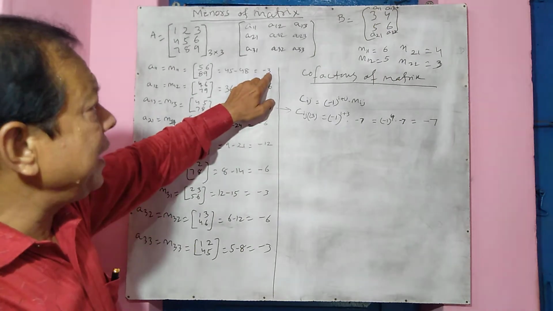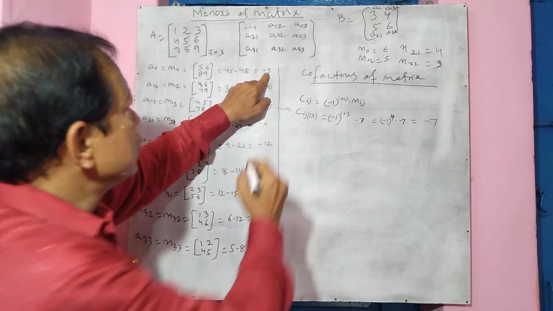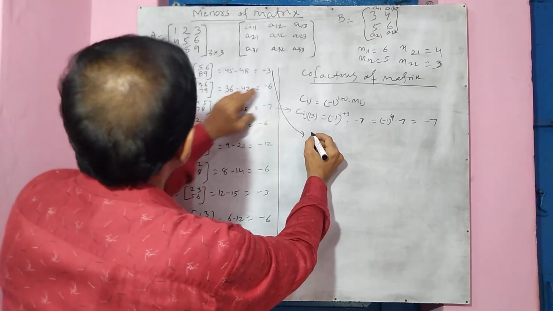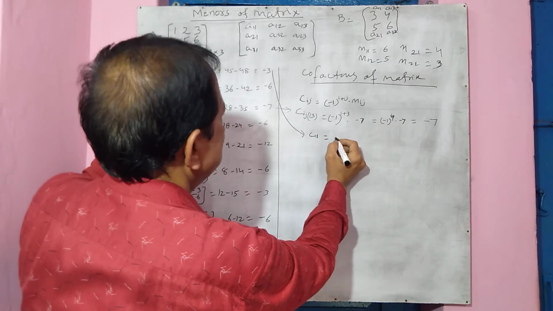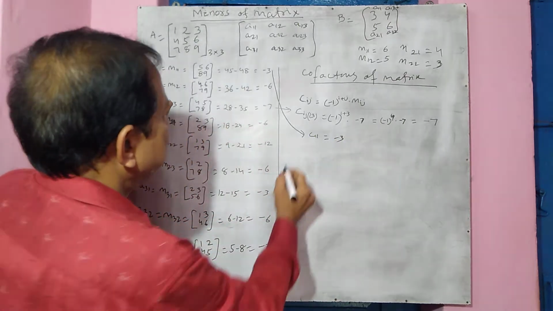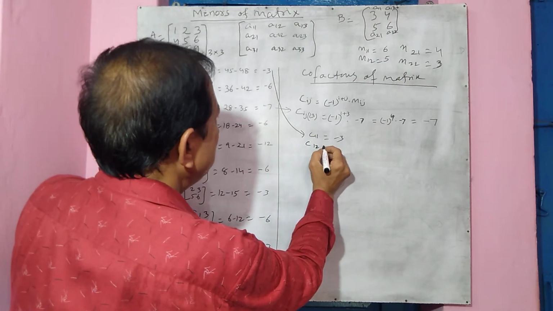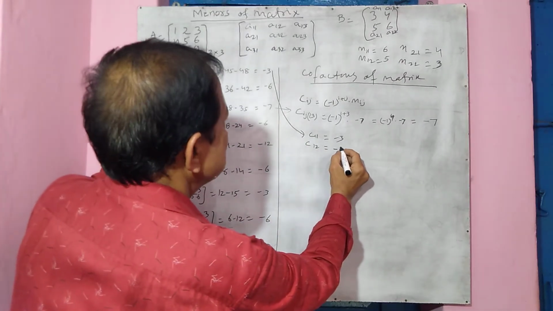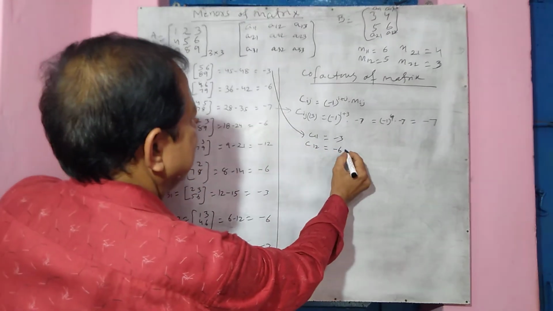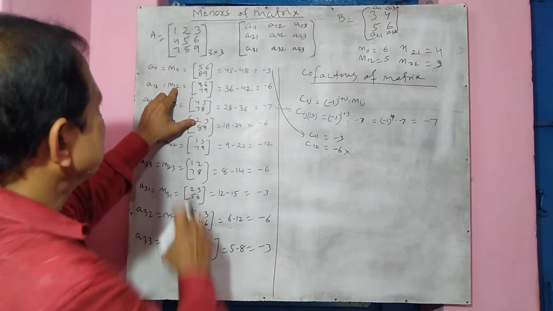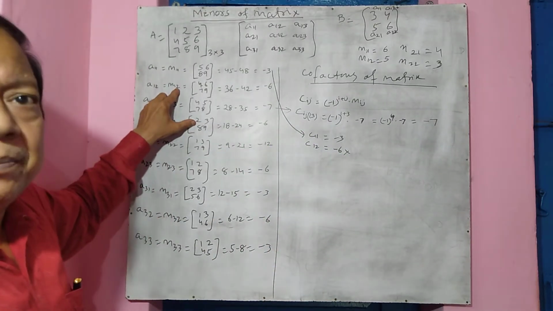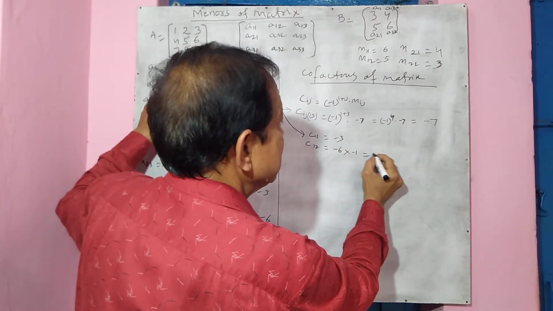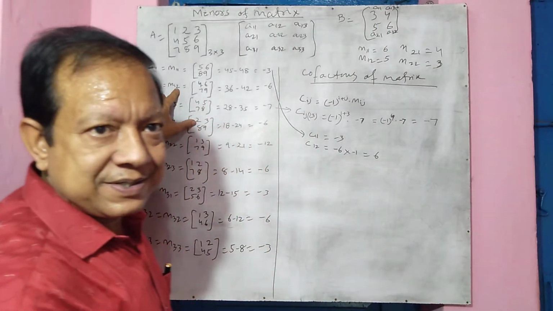So the cofactor C11 will also be minus 3. But if I say C12, this is 1, 2, you see the minor is minus 6, and the position is first row, second column, that is 3. 3 means minus, so minus 1 times minus 6 will be plus 6.